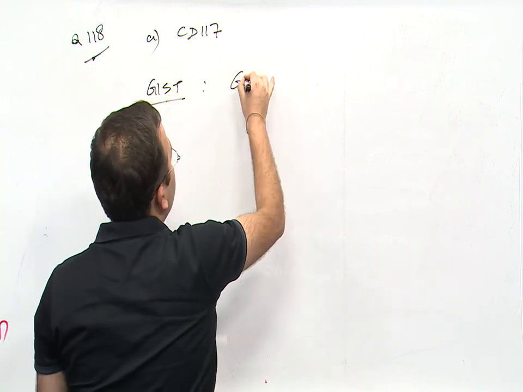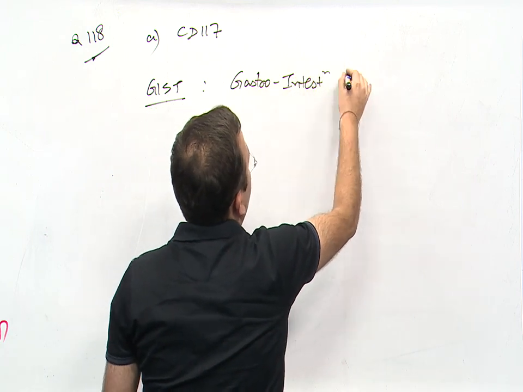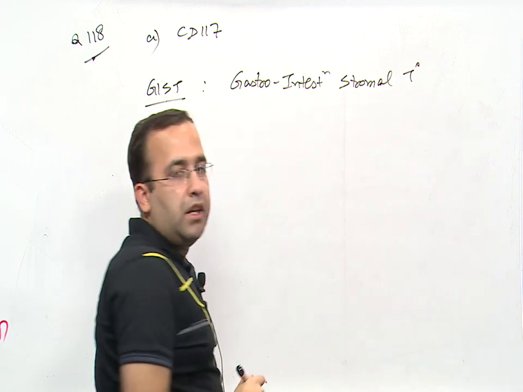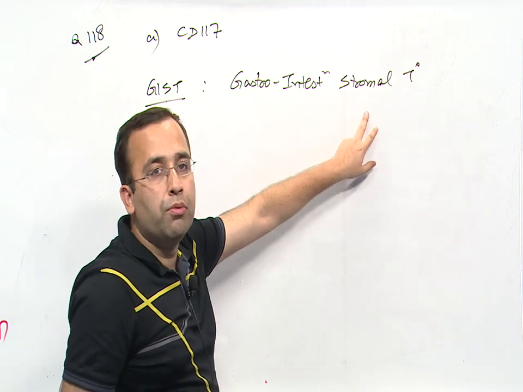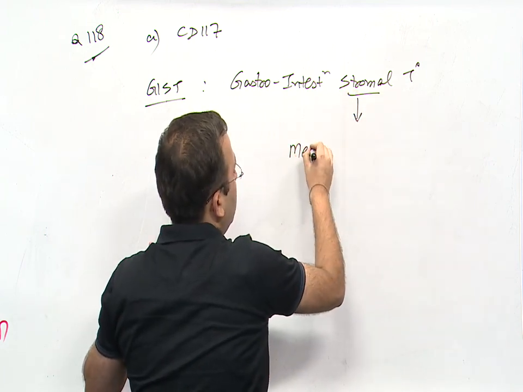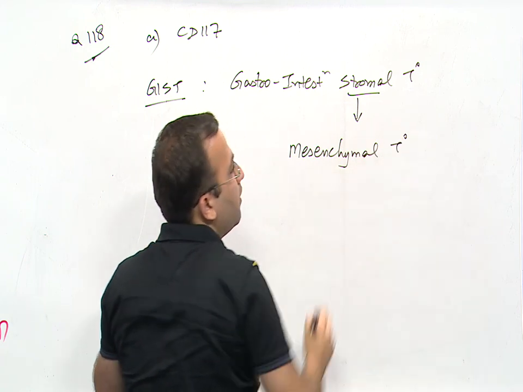GIST stands for gastrointestinal stromal tumor. It is a stromal tumor, that means it is a mesenchymal tumor.